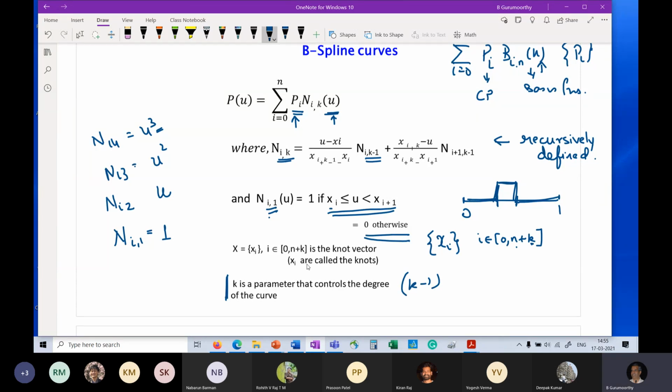So right there, the first of the requirements is met, which is that this number n, which controls the number of control points that you are prescribing, has no say or effect on the degree of the curve. Which means that you can have a quadratic curve with k equals 3, but n equals 100.